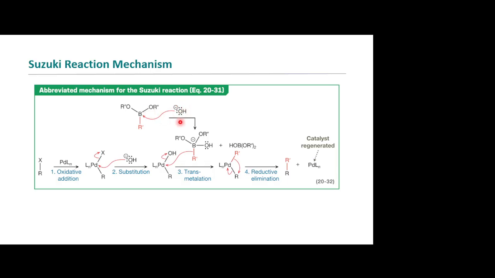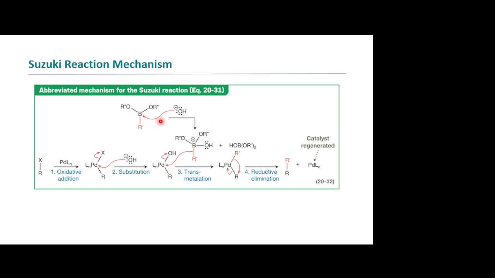Okay. What's going to happen is the OH is going to attack that boron right here. If anybody remembers, the boron only has 3 valence electrons. It tends to make that trigonal planar structure, right? And so what you end up getting is an empty p orbital that hangs out above it. And so these electrons actually attack there. This is going to cause this boron to have a negative charge.